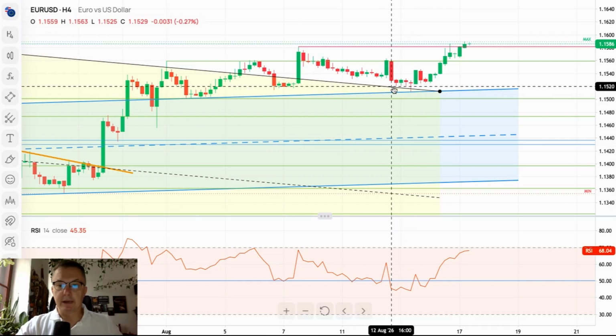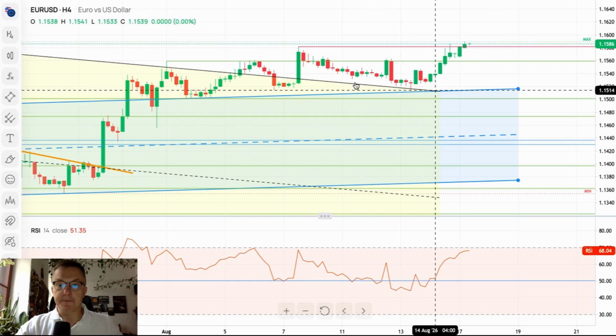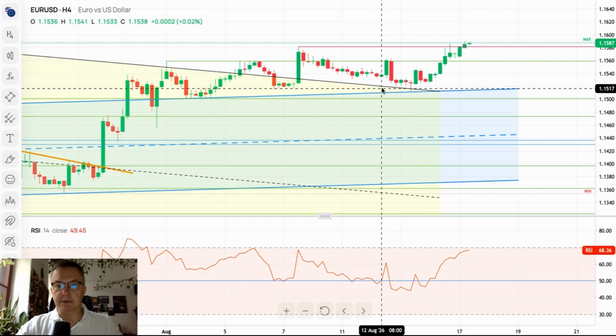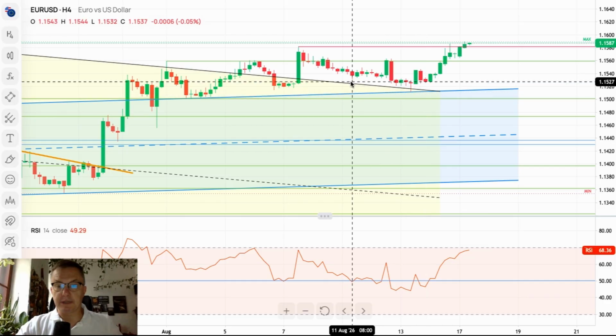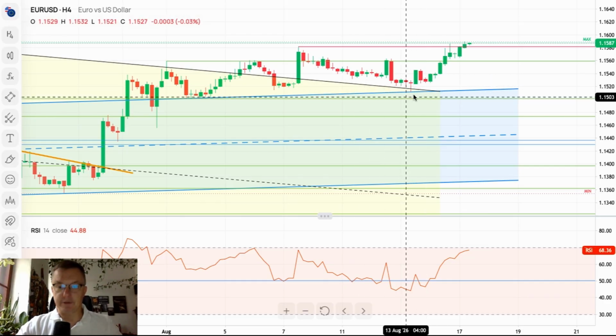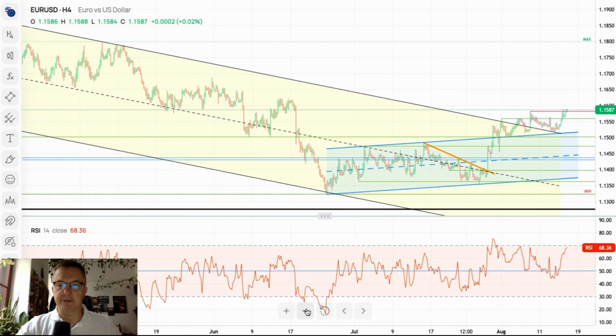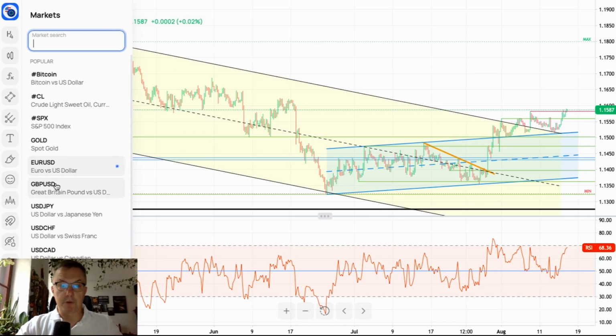This is the pin bar penetrating the lower upper channel line, which is blue channel, and the upper channel line, which is yellow channel. So very strong support has been provided, and the market bounced. So this is the current situation, and it looks more and more bullish these days. So the euro dollar bullish.